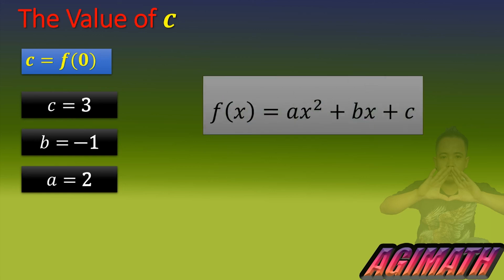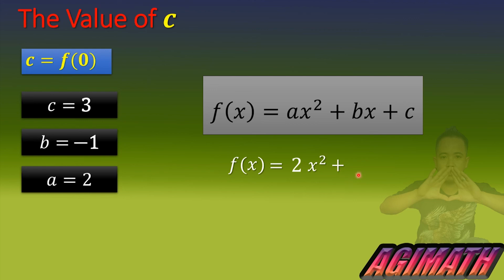f of x equals ax squared plus bx plus c. So what we are going to do is just substitute these values into this form. So we are going to have f of x, where a is equal to 2, so we will have 2x squared plus bx, but this time our b is equal to negative 1.